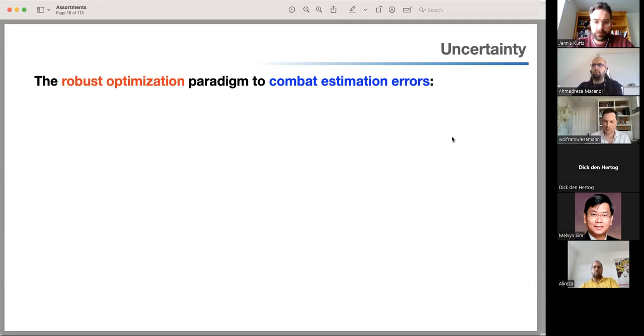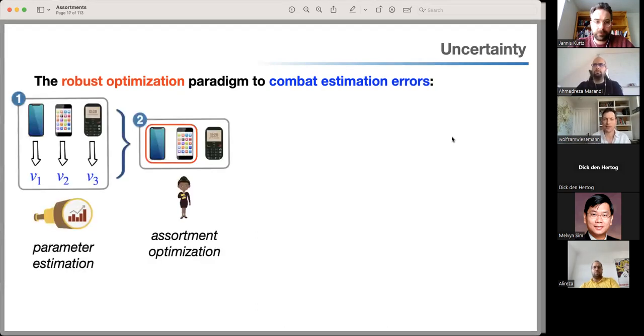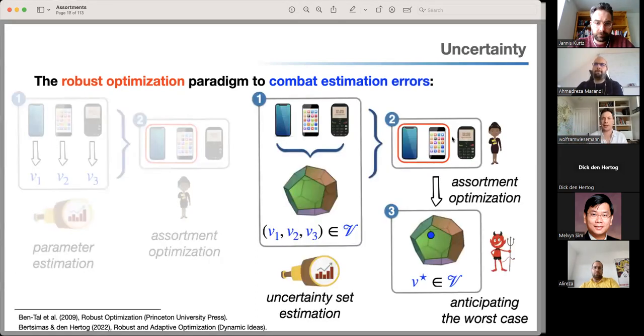So how does robust optimization work in the context of our assortment optimization problem? Instead of employing the classical paradigm of first estimating the parameters of our choice model and then subsequently finding the optimal nominal assortment for this point estimate, robust optimization first estimates an entire uncertainty set of plausible parameter vector values.